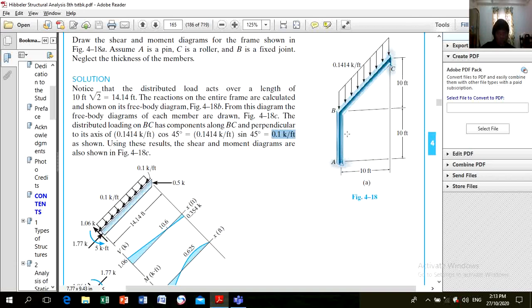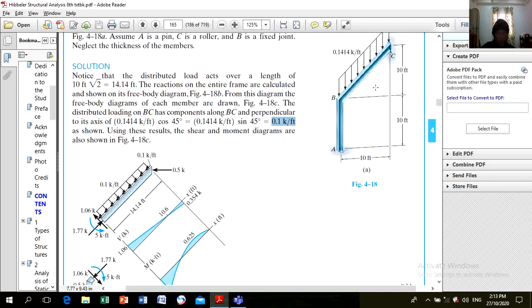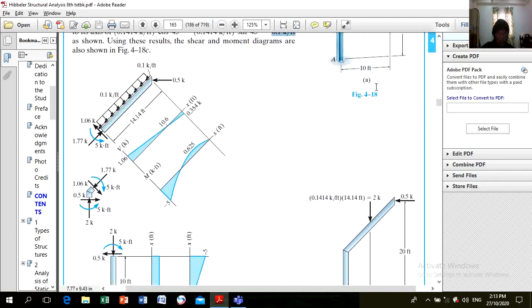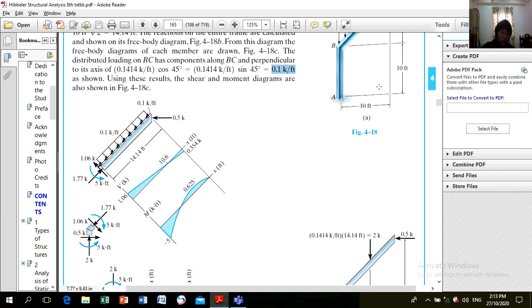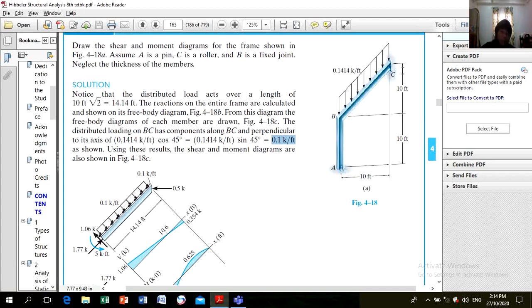So you can have summation moment at A: 0.1414 times 14.14 feet times 14.14 divided by 2, divided by 20, is equal to 0.5.